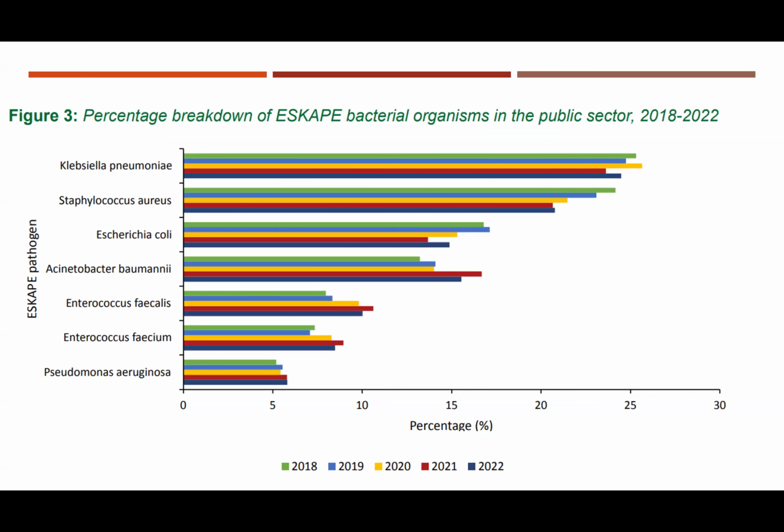We can notice quite a steady increase in Enterococcus isolates with a small drop in 2022, and we can see they account for the 4th and the 5th common cause of hospital-acquired drug-resistant infections.